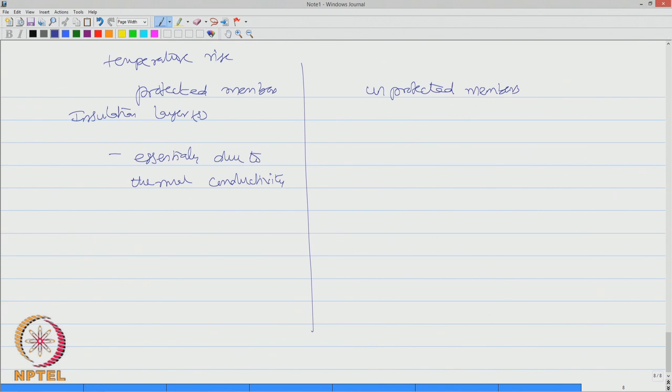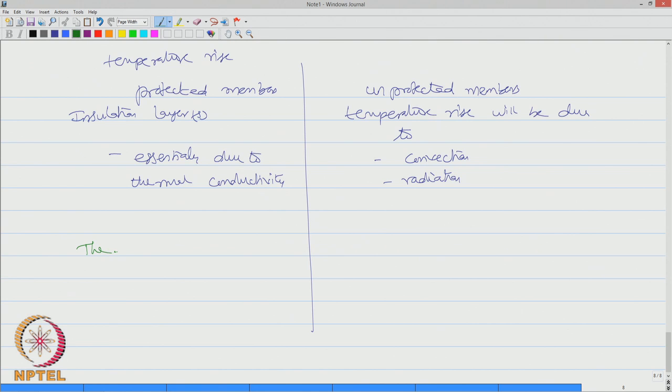Whereas, in unprotected members temperature rise will be due to convection and radiation.